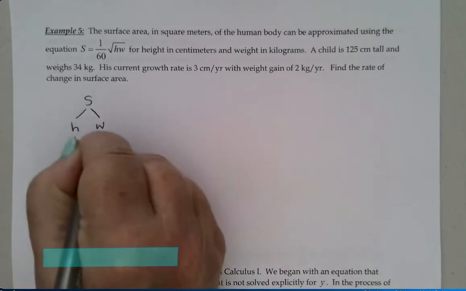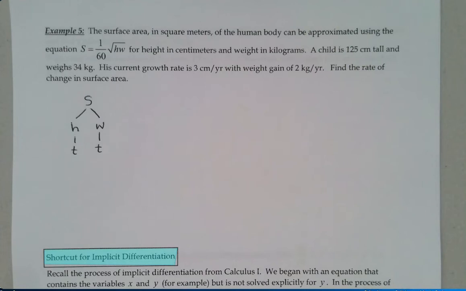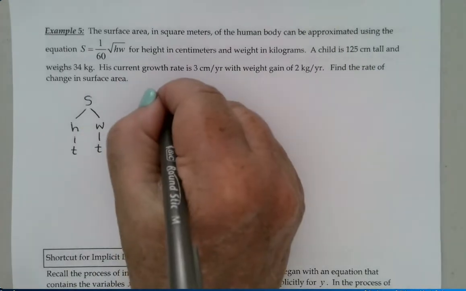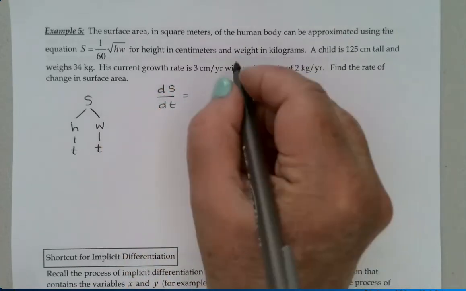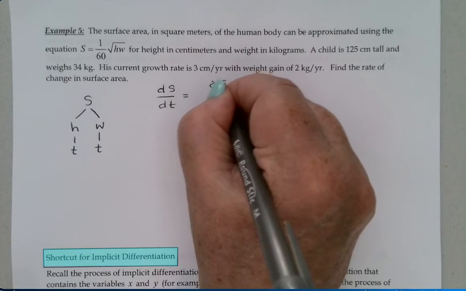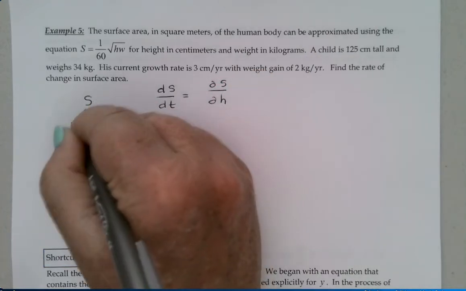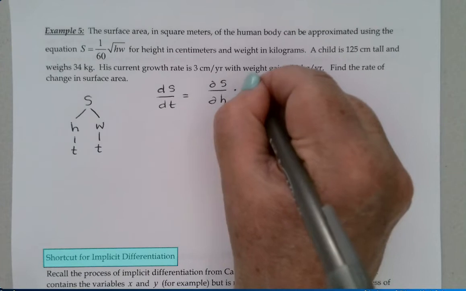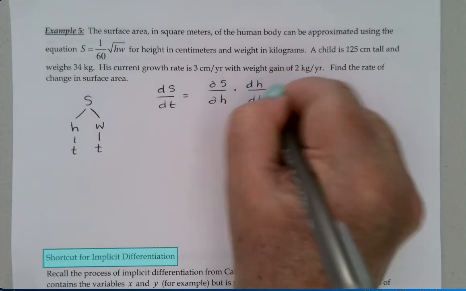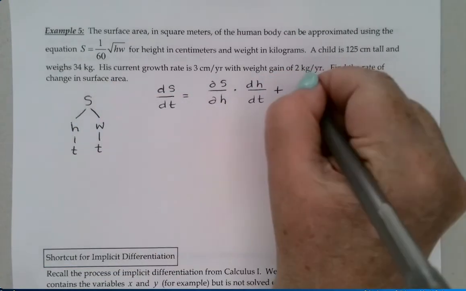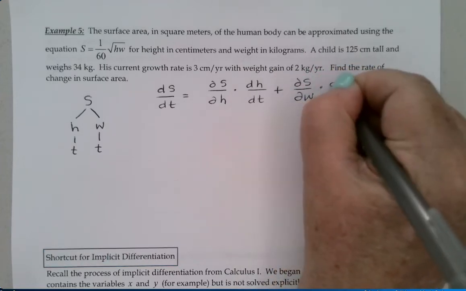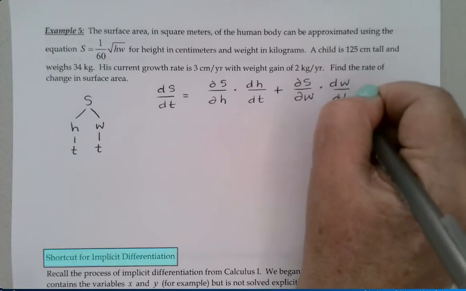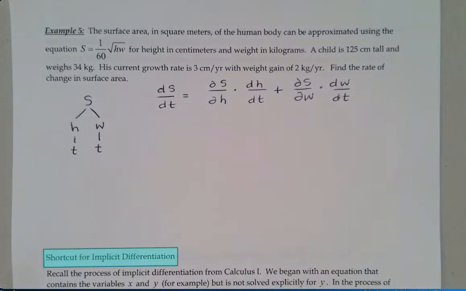So H depends on T. W also depends on T. So I could say then the rate of change of surface area, dS/dt, would be the partial derivative of S with respect to H times dH/dt, plus this other branch, partial derivative of S with respect to W times dW/dt.